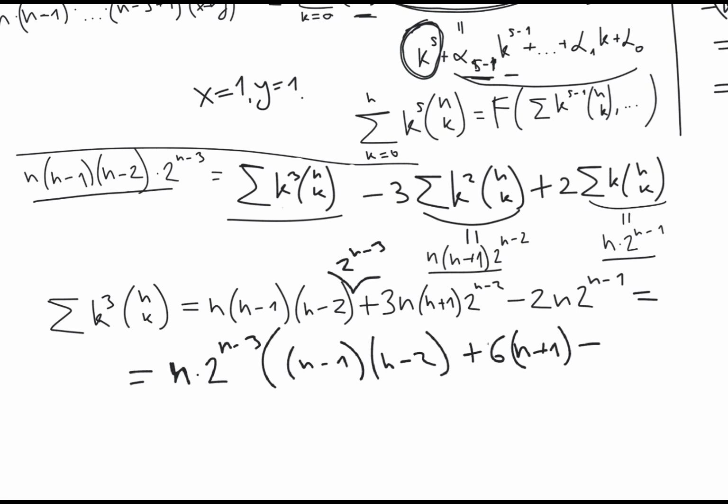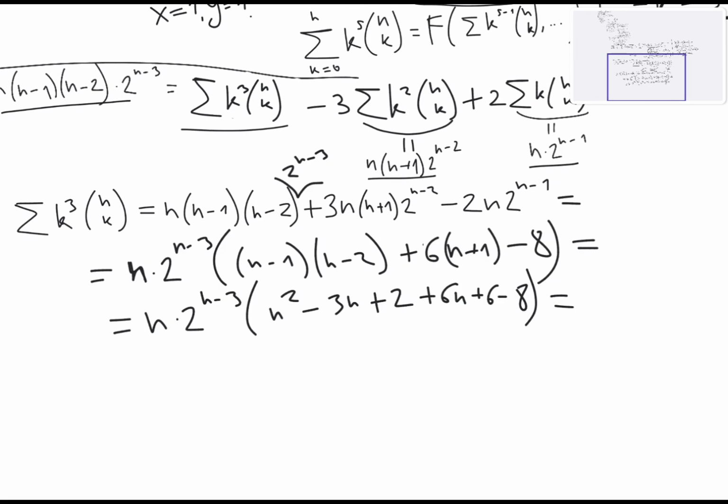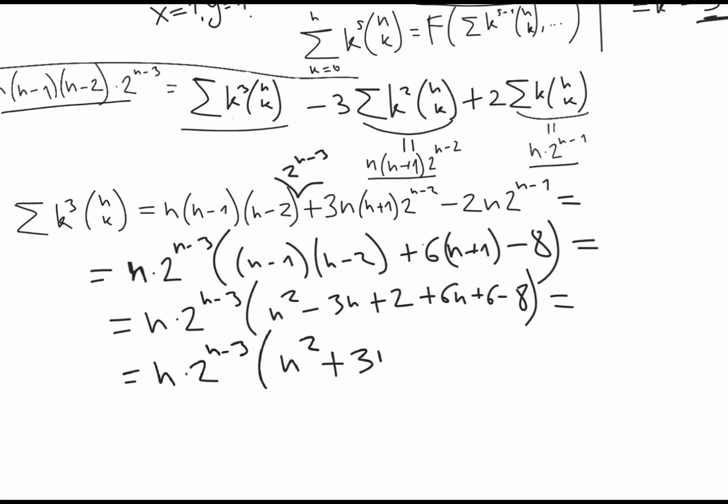Here is n squared minus 3n plus 2 plus 6n plus 6 minus 8, and this is equal to n squared plus 3n and plus 2 plus 6 minus 8.